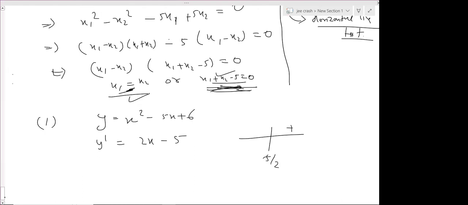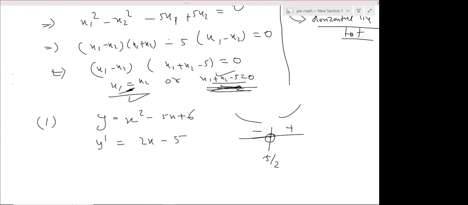Before 5 by 2 the function is decreasing, after 5 by 2 the function is increasing. So because the function is not monotonous, we are going to study about this also in the future, but this is clear what I'm saying. There is a critical point, so the function is not monotonous, it is changing in nature. So this will not be a 1-1 function. Is it clear what I'm saying?